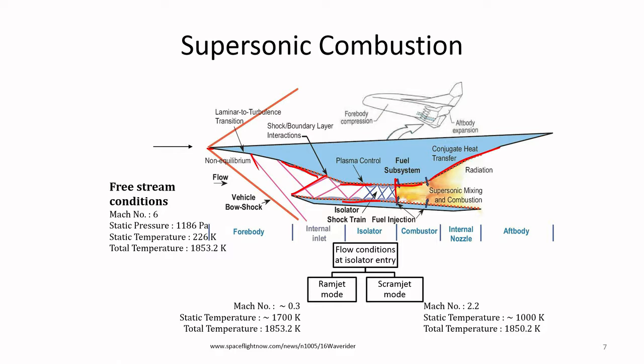Okay. But you do not want these oscillations. The pressure is rising in the combustor. So if I plot the pressure rise only in this combustor part, it will be something like this. Okay. So you do not want this flow to sense this pressure rise, despite the fact that it is a supersonic flow.